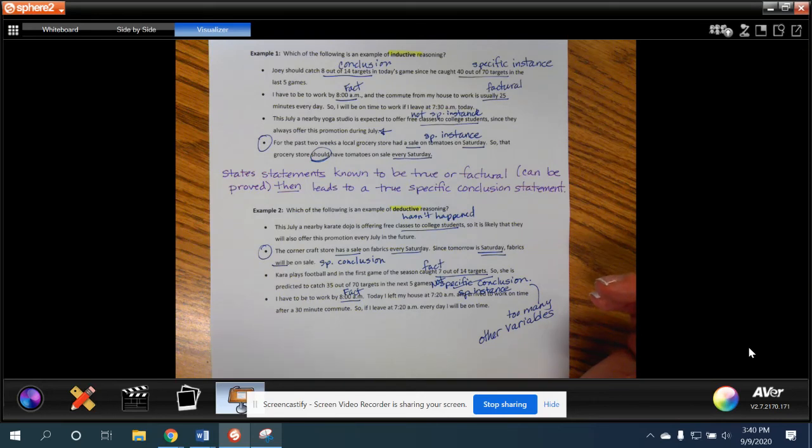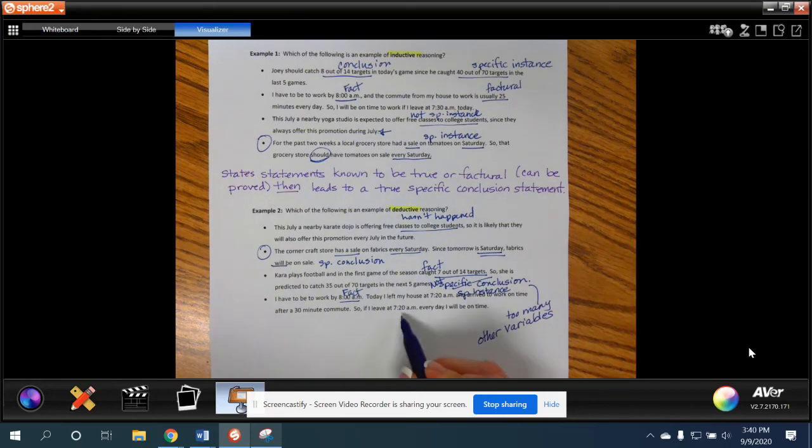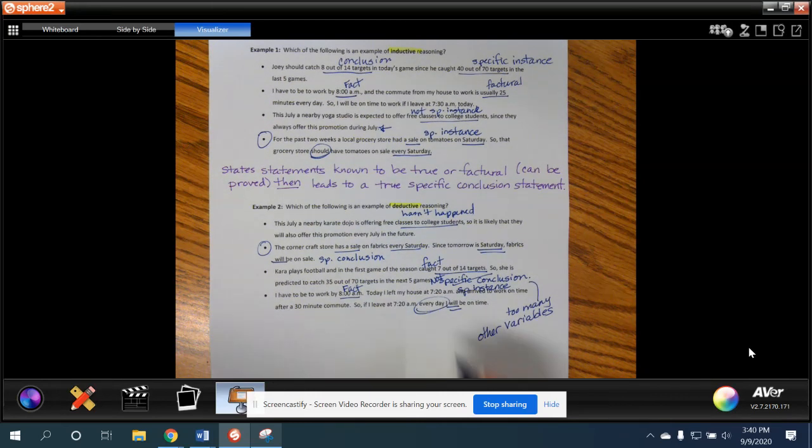So if I leave at 7:20 a.m. every day, I will be on time. Every day and will. That again is too vague because so many other things and variables can go into effect with that.